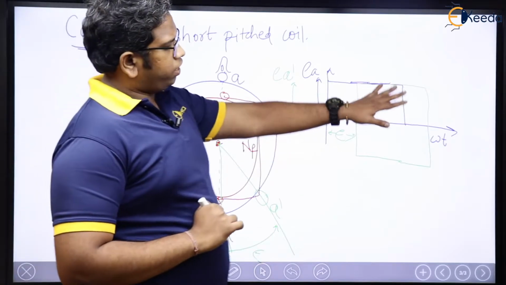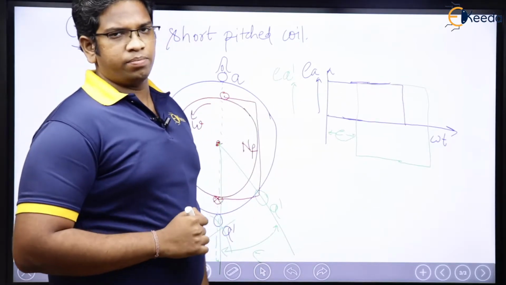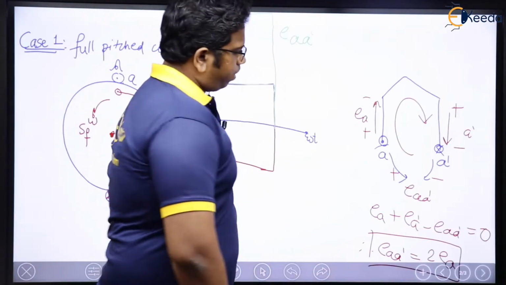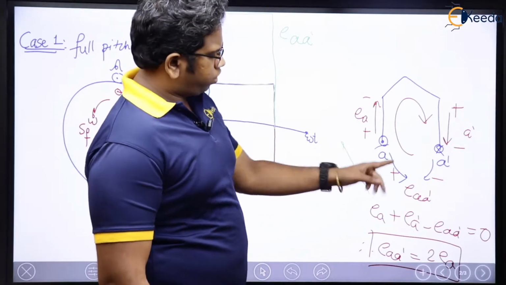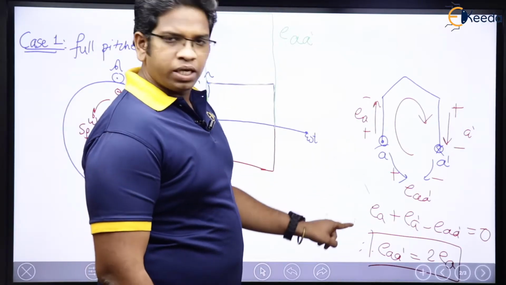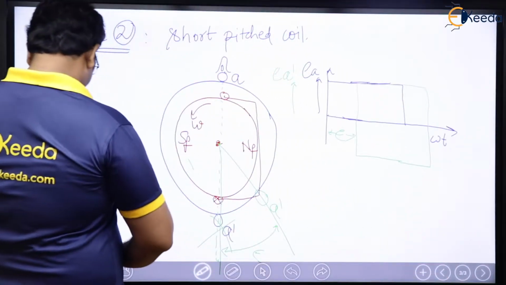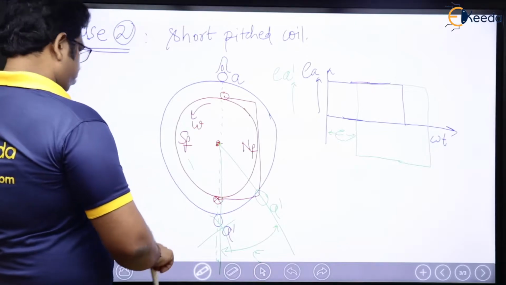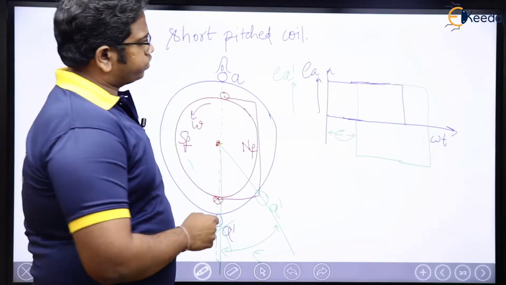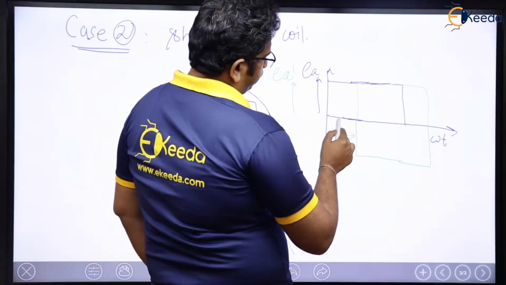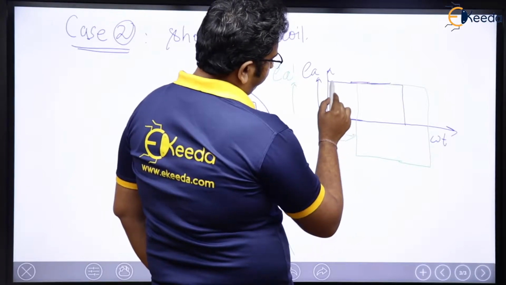Let us see. I need to add them, yes, because in back-to-back connection, whatever happened here, same thing has to happen there only. Same thing has to happen again. So addition, let me add. So if I add them, what is going to happen? See here, from here to here, if you see, I have only blue.